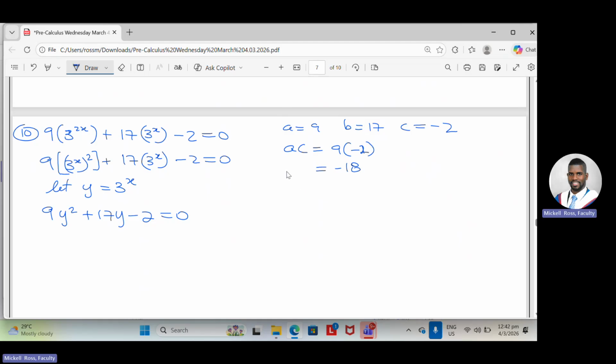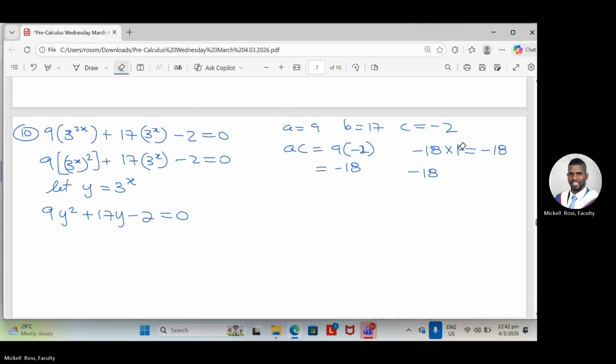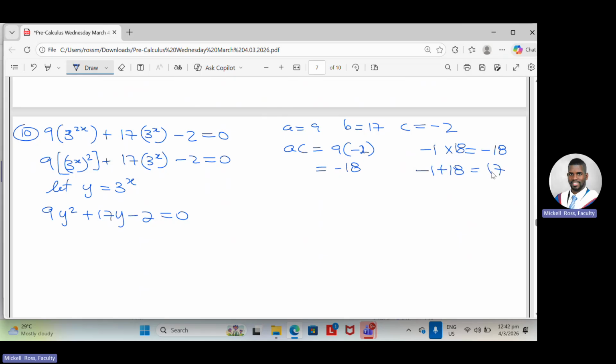The factors of negative 18 that give me positive 17 are negative 18 times 1, which is negative 18, and negative 18, sorry, it has to be the other way around. Negative 1 plus 18 is equal to positive 17.